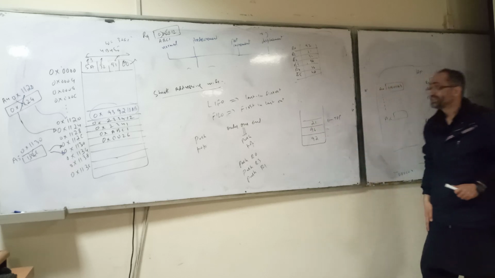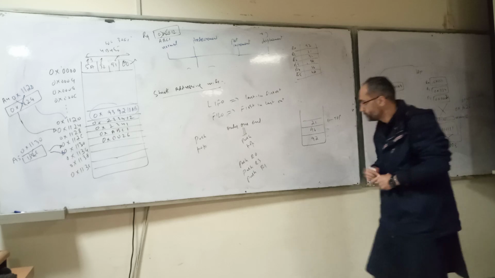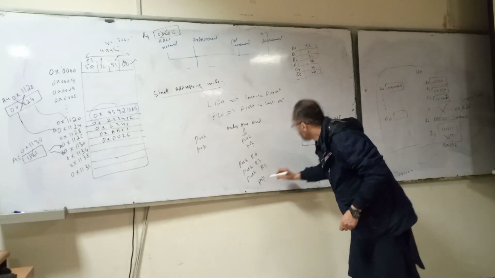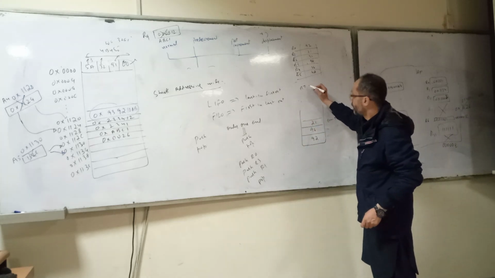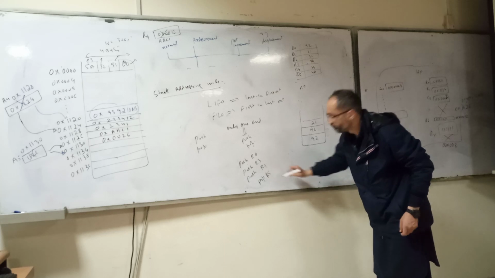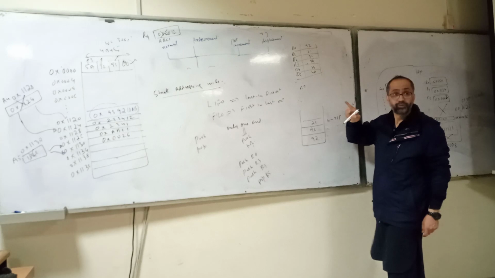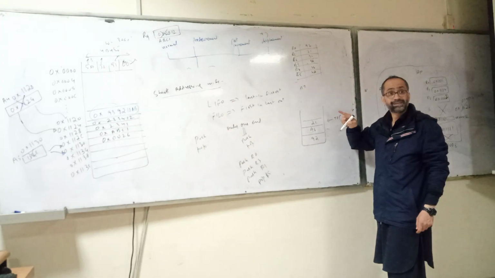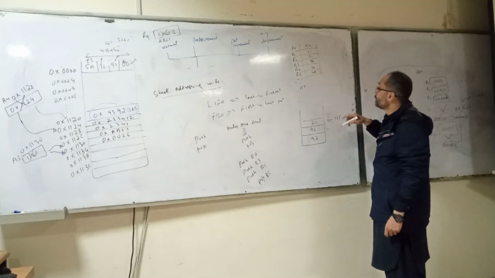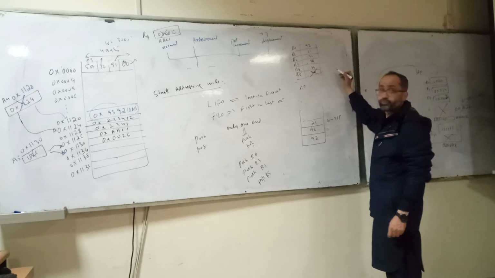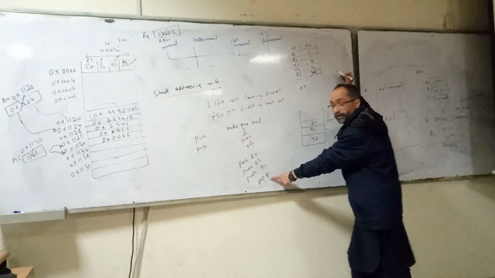Now there is another operation which is called pop. Pop R5. The first element will be removed from the stack. Which value will be removed? R5, 21.